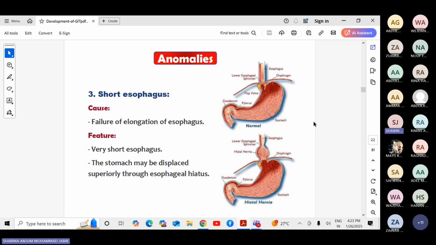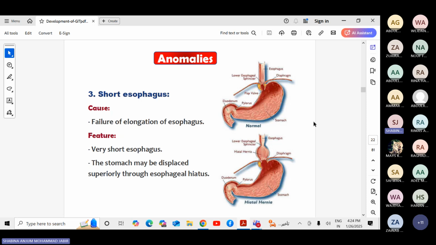Short esophagus: once the septum is developed completely, the two tubes, the trachea and esophagus, grow independently, and the esophagus grows more than the trachea and descends towards the diaphragm. When there is failure of elongation of the esophagus, the esophagus will be very short.